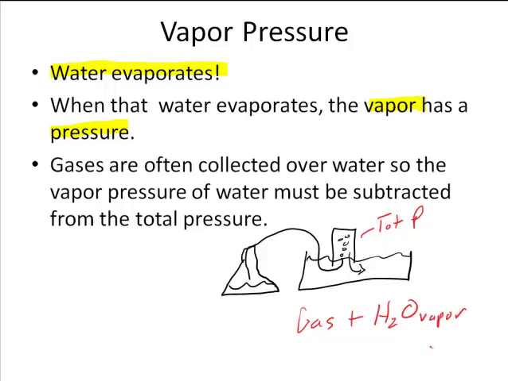So in order to find the pressure of the gas, we have to use Dalton's law of partial pressures, which equals P1 plus P2. Of course the math is real trivial, but it's something to be very aware of whenever you're collecting gas over water. You've got to deal with that water pressure.